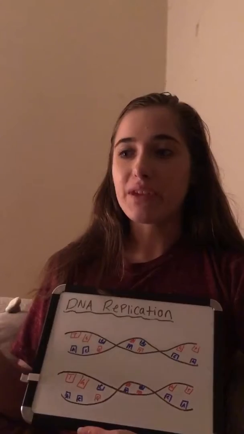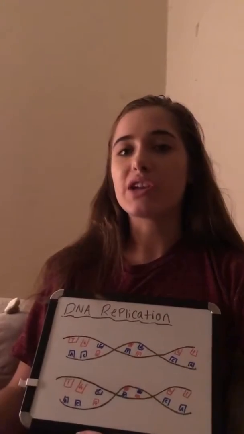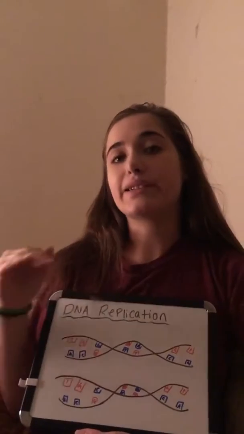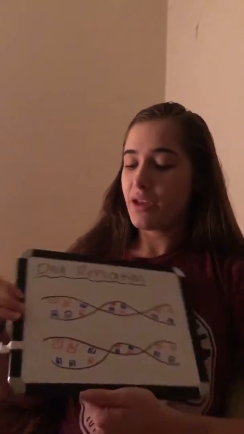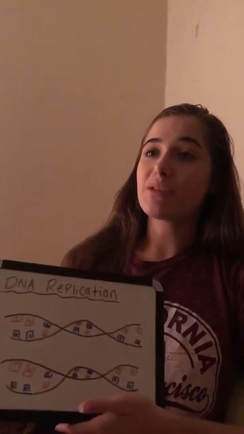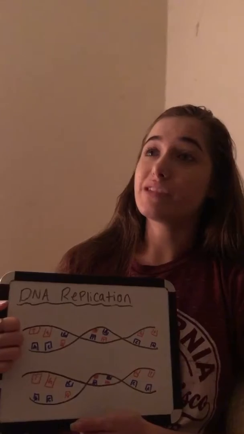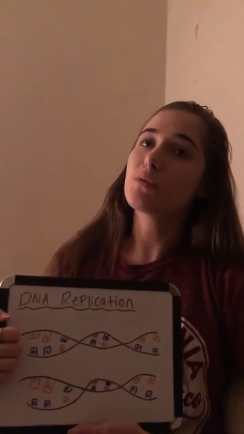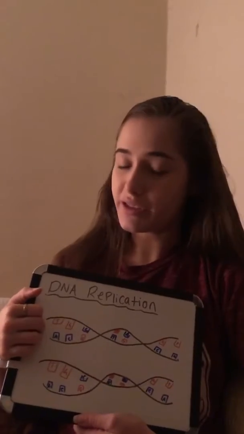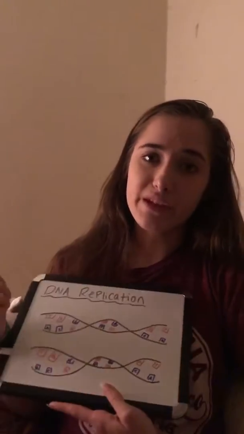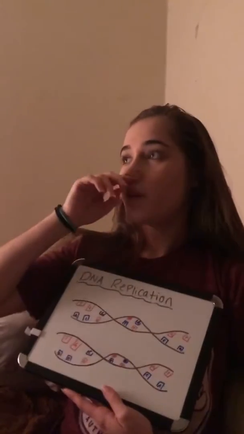You need to have identical DNA because you don't want a random change out of nowhere. It's got to be the exact same. That's why they are identical. But again, DNA replication is like the most complex thing that our body does, and this is all happening in what we call the interphase of cell growth, or the cell cycle, the life of a cell.